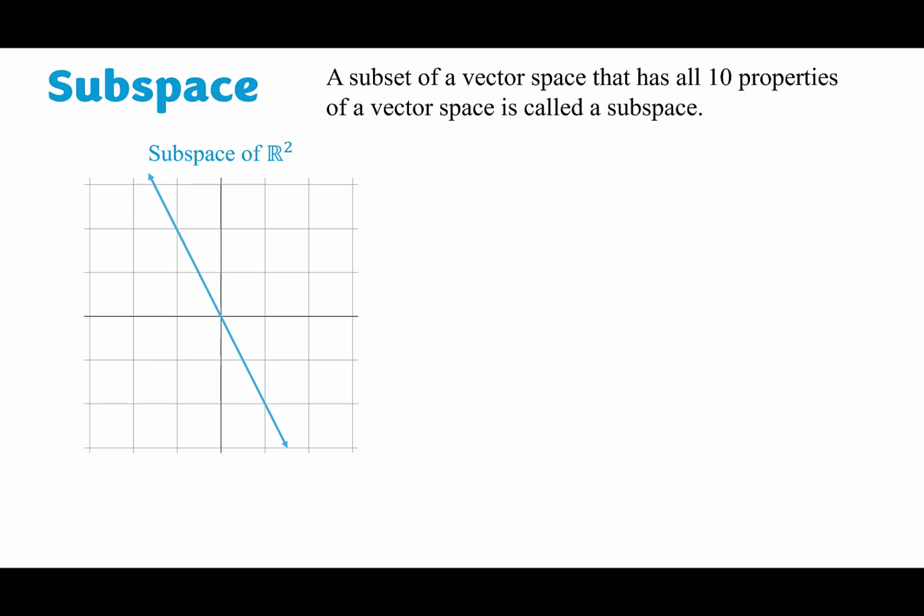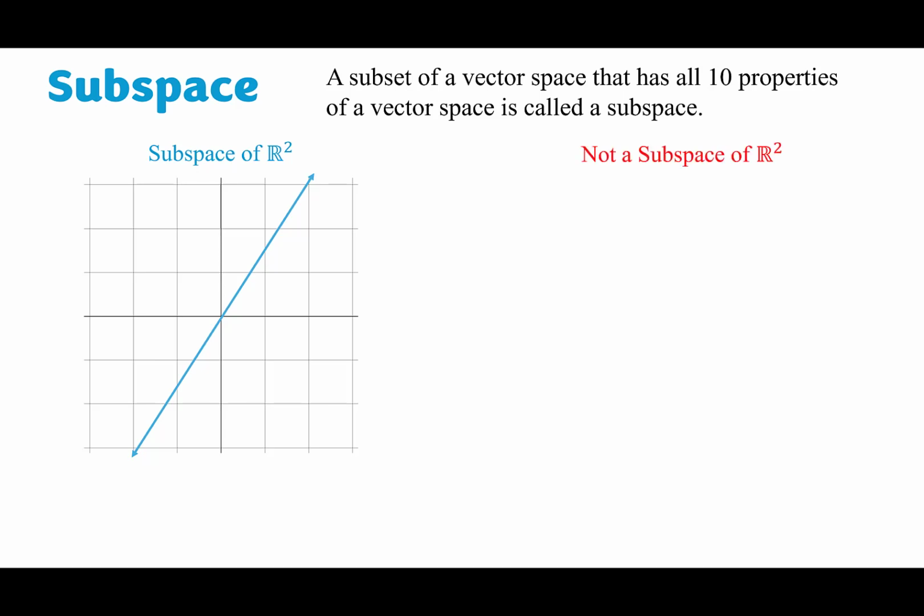Any vector on this line does have the negative of that vector such that when you add them together, you get 0. So there's 3 properties, and you can go through the rest on your own to make sure all 10 properties are satisfied. There's another line going through the origin. This is also a subspace of R2. So there's 2 examples of subspaces of R2.